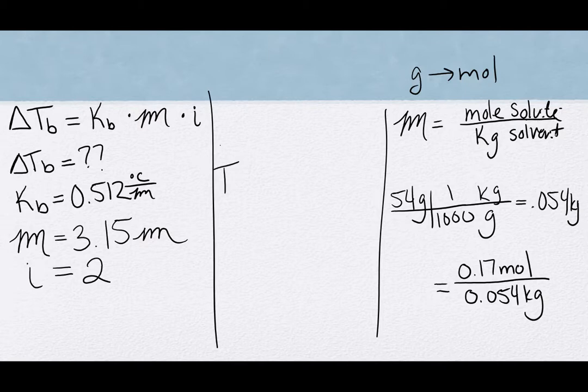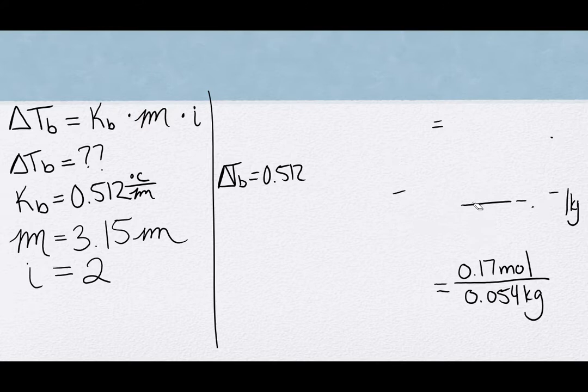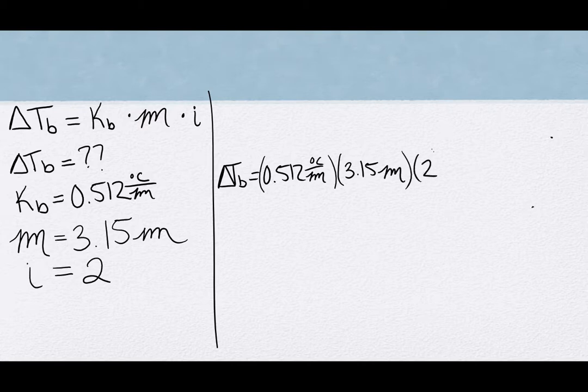So we've got the change in temperature of the boiling point is going to be 0.512 degrees Celsius molal times the molality, which is 3.15, and the Vant Hoff factor, which is 2.